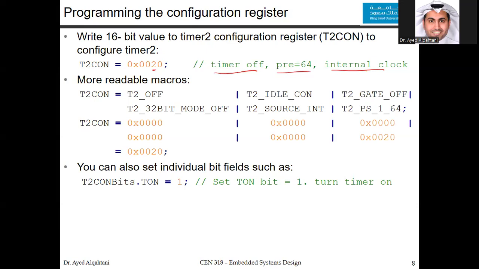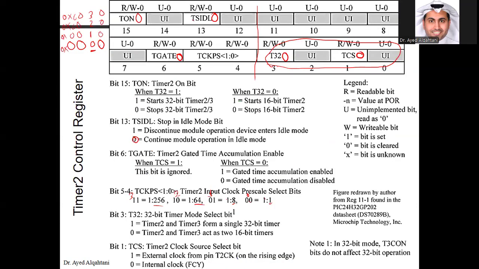There is another way. I don't suggest that you go that way unless you want to change bits more frequently. So usually we will set up the control register for timer 2 this way. The other way is that each bit or each group of bits that you see here, each field, has its own name.